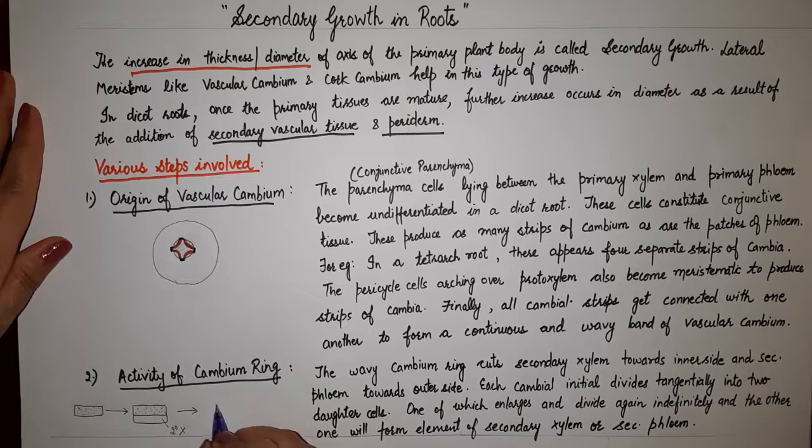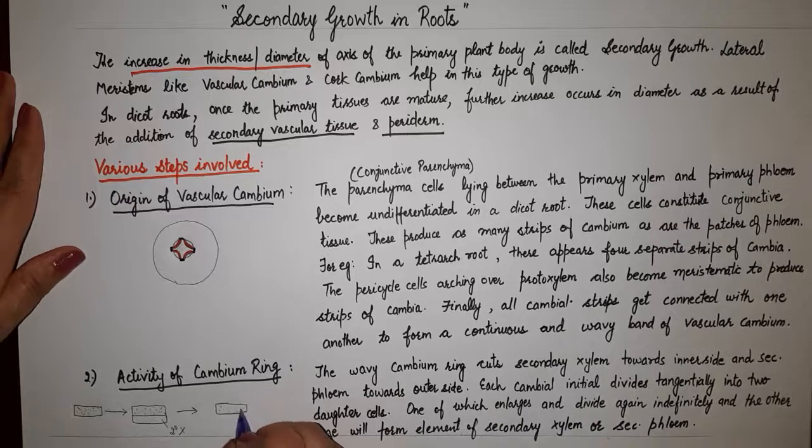Let's suppose if it's towards the inner side, it is going to develop into secondary xylem. Or if it's towards the outer side, let's suppose later on its activity is reversed. This is the first formed cell, secondary xylem, and after some time it cuts a cell towards outer side. So then it will develop into secondary phloem.